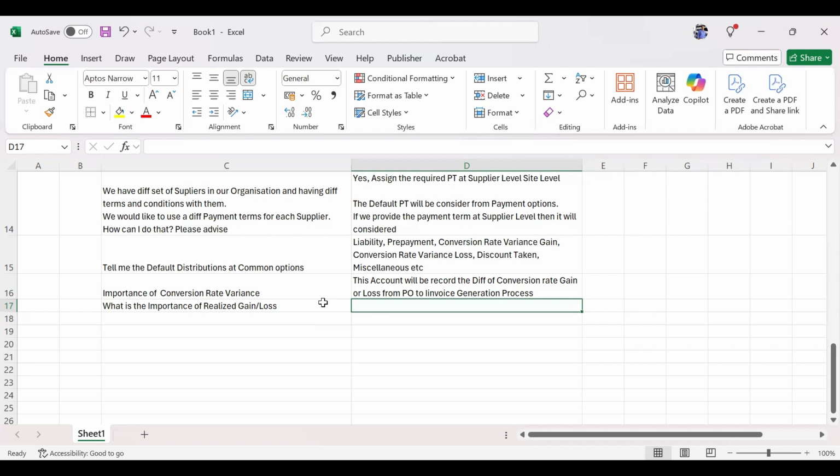So when you are doing the payment on January 30th, what is the current rate, and what is the invoice level rate? The difference between payment and invoice will be captured for realized gain and realized loss.